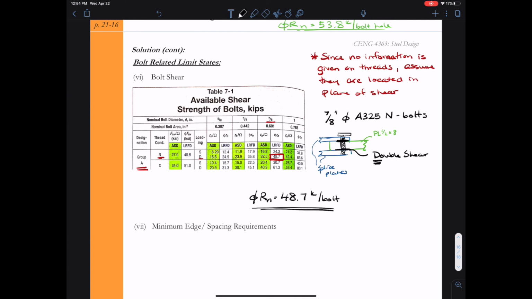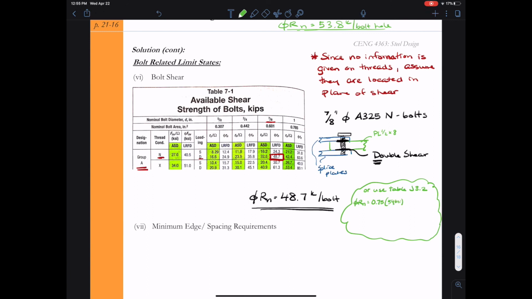If you don't want to just take the table's word for it, you can go through and calculate this yourself. So if we were to look at table J3.2, we would see that for an A325, a group A bolt with an N style connection with the threads in the plane of shear, my nominal shear stress would be 54 KSI.